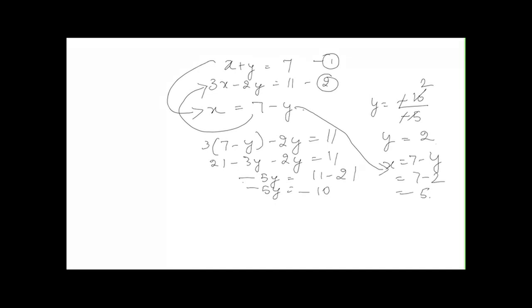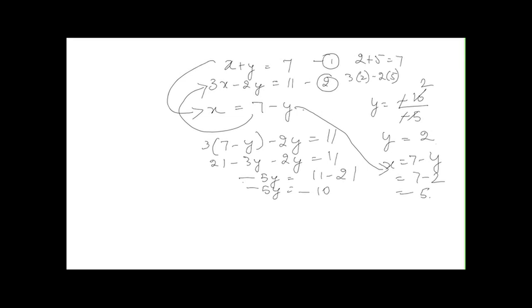Now, if you want to know whether it is correct or not, you should satisfy both the equations. 2 plus 5 is what? 7. So 3 into 2 minus 2 into 5, will it give 11?